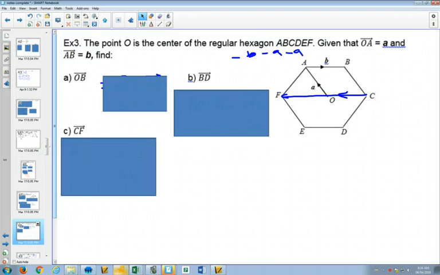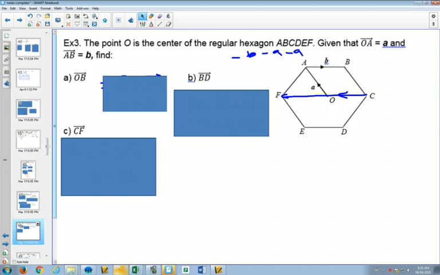If you have a regular hexagon, and you know that OA is A and AB is B, does it make sense that if I draw all those radii, you end up with a bunch of vectors that are all the same length? Because a hexagon, when it's split up, makes a bunch of equilateral triangles. So now, having only those two direction vectors, we can say everything else.